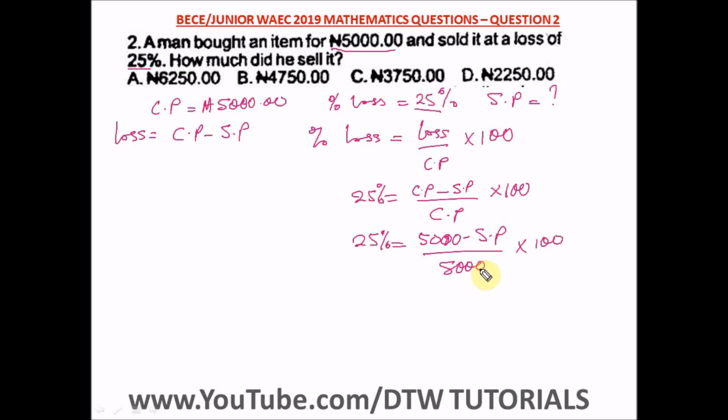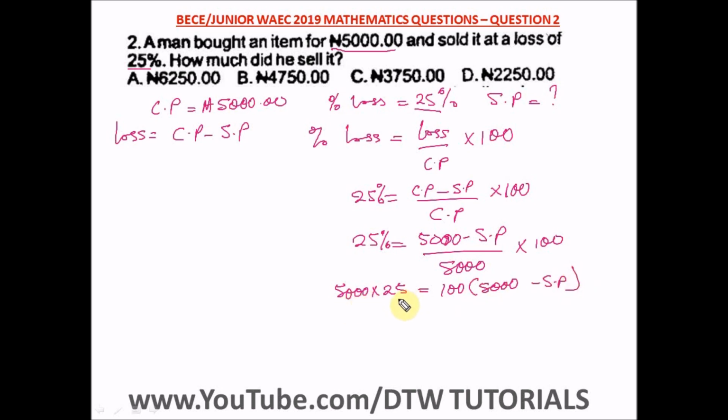We have to cross multiply. Taking this up here, we have 5,000 times 25 equal to 100 bracket 5,000 minus SP, our selling price.